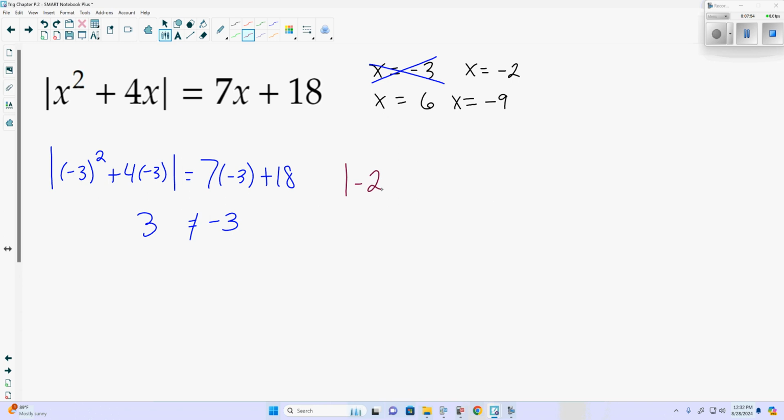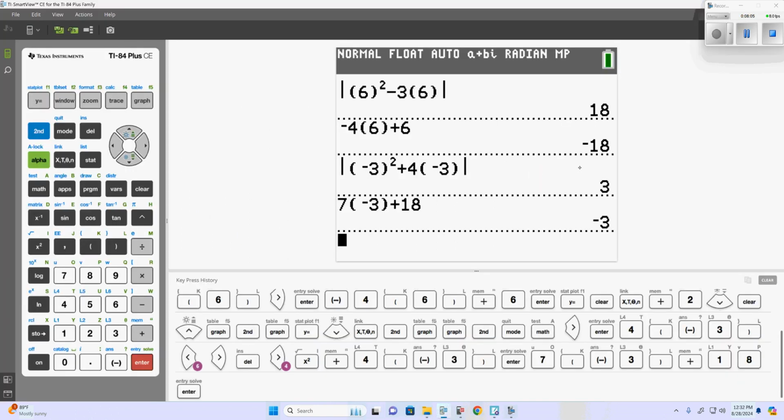So negative 2 squared plus 4 times negative 2, 7 times 2 plus 18. Now in the graphing calculator, we're going to say negative 2 next.